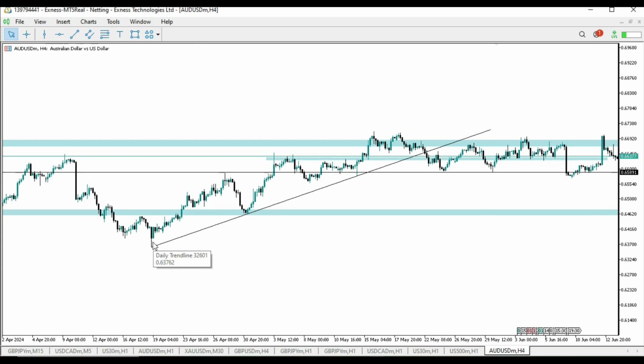Now, this is my USD pair. You can see it here, and this is a trend line that I have on my chart. As I said, a trend line is a straight line on the chart that connects two or more price points and also extends into the future.